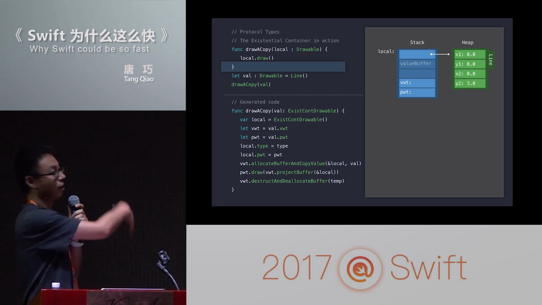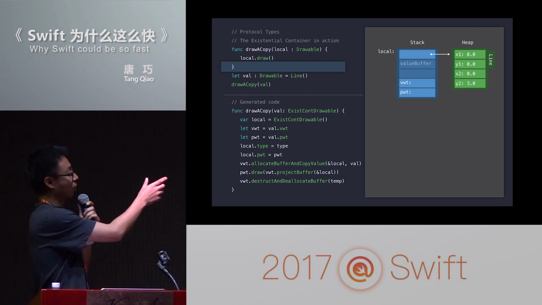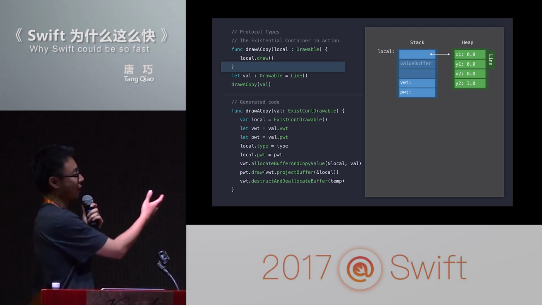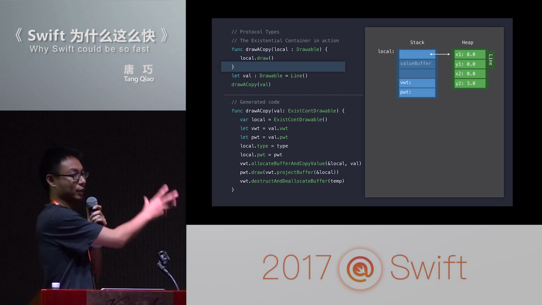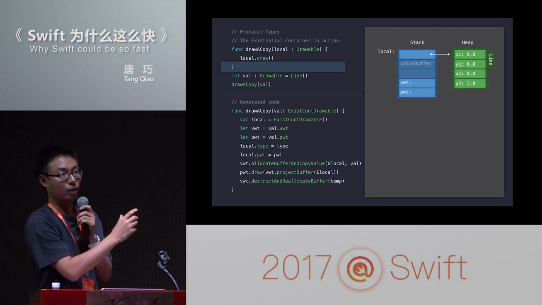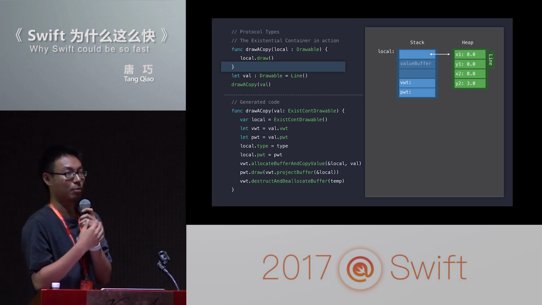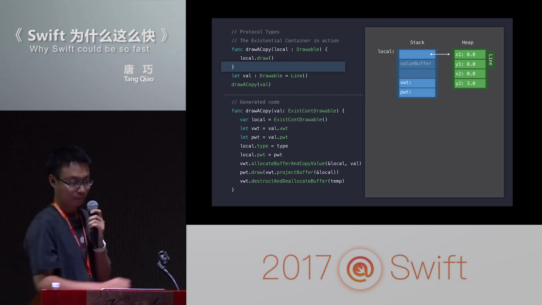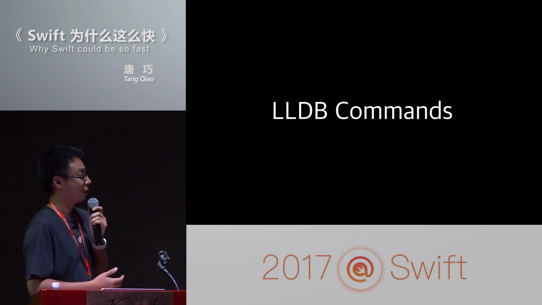So this is the whole process of a value type with a protocol call. So we can see Apple uses a very special container to support this operation. So later, I will do a demo to inspect this situation in Xcode using LLDB commands. So before that, I want to introduce some LLDB commands.